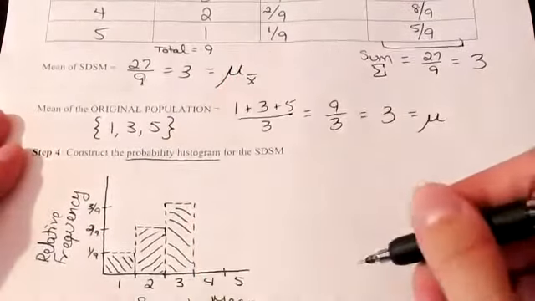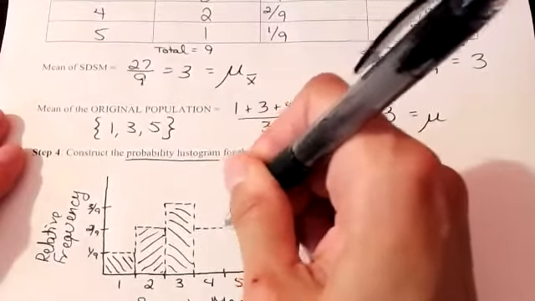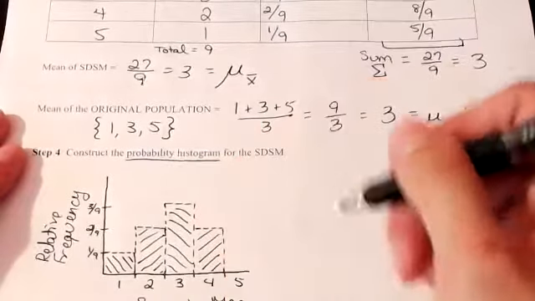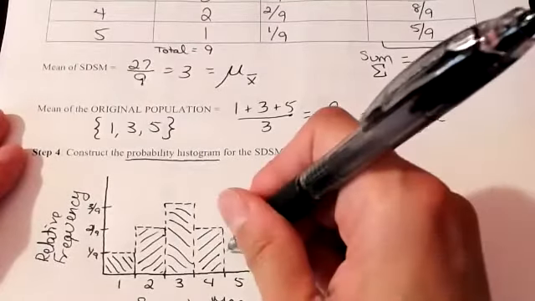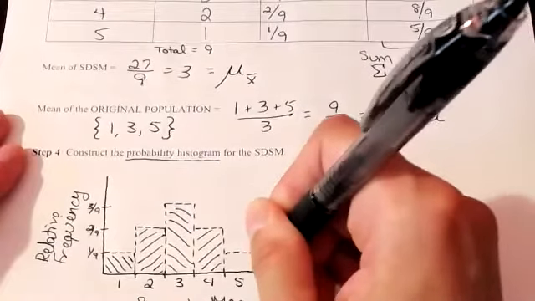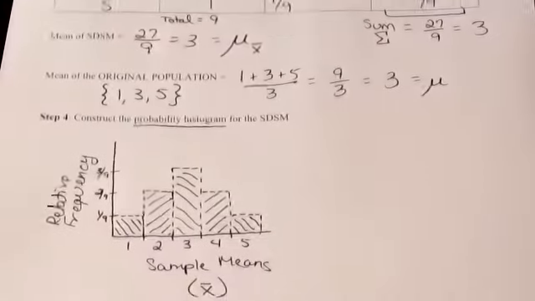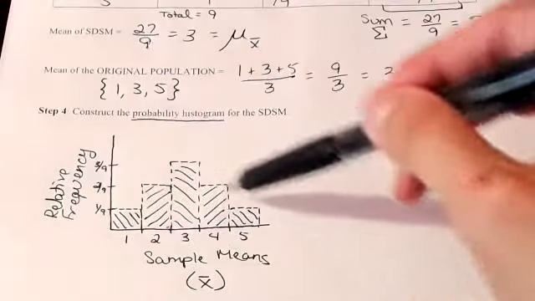When our mean was 4, that occurred 2/9. The chance of occurrence is 2/9. And then, of course, when our mean is 5, the relative frequency was 1/9. So the chance of occurrence was only 1/9. I want you to notice that the distribution is that of a normal curve.